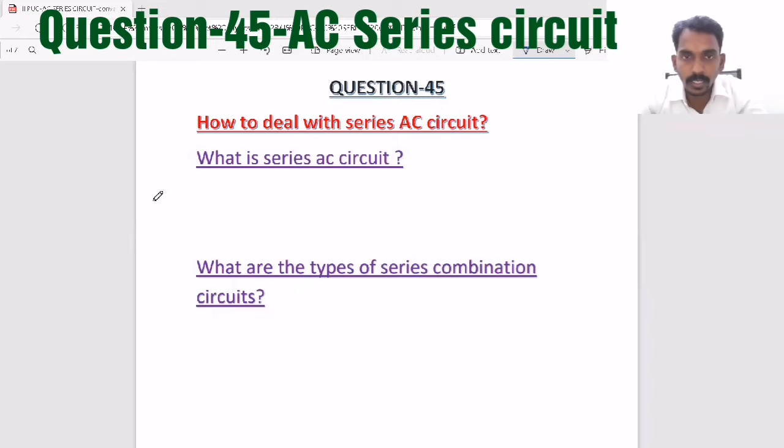Today we are going to study question number 45, that is how to deal with AC series circuits. Last time we saw the pure AC circuit, with either a resistor, a capacitor, or an inductor.